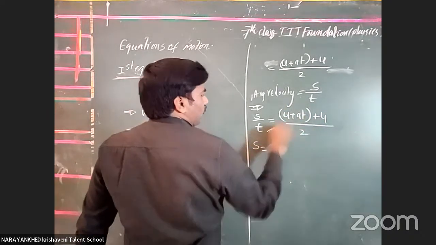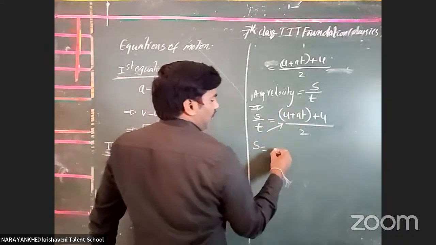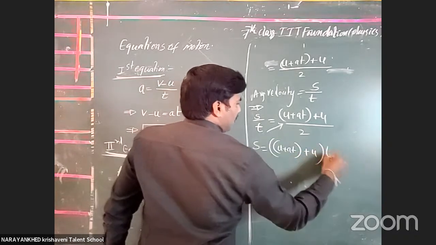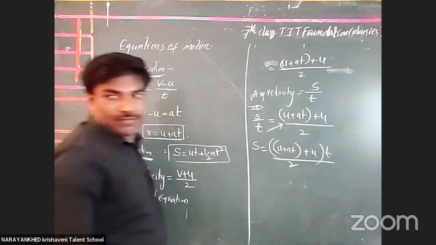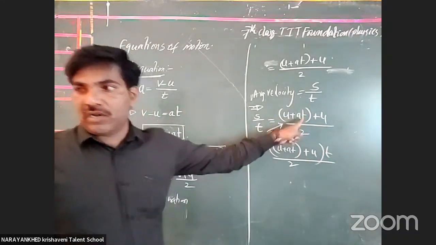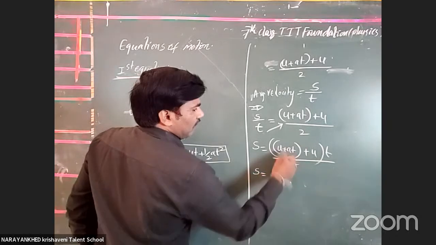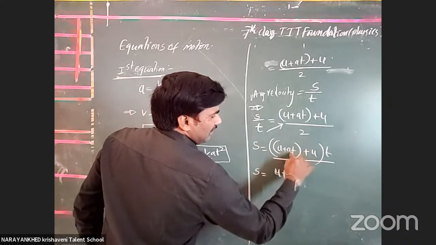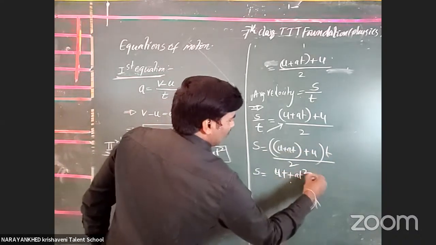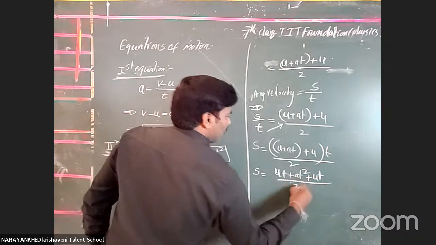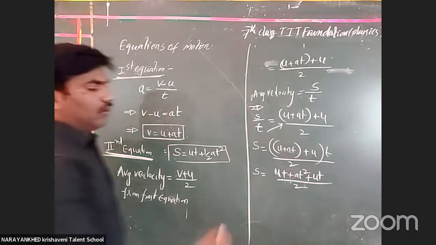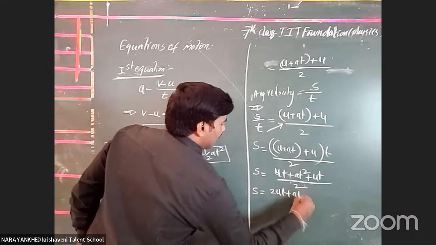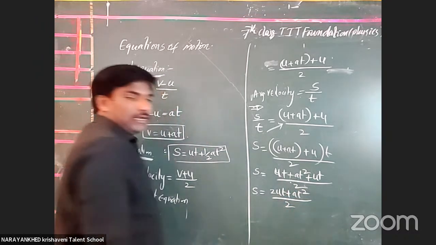Now s is equal to u into t plus u into t plus at into t, which becomes at square plus ut, by 2. Now s is equal to 2ut plus at square by 2.